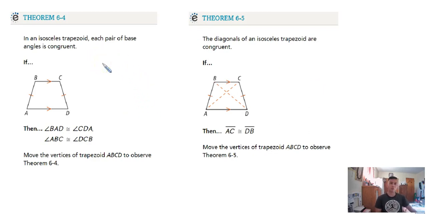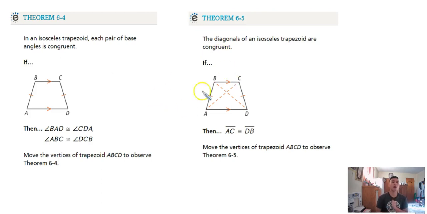Next theorem, we have 6-4 and 6-5. Your 6-4 and 6-5 talk about the isosceles trapezoid. When we say isosceles trapezoid, the main characteristic is that the two legs are congruent. So in 6-4, in an isosceles trapezoid, each pair of base angles are congruent.